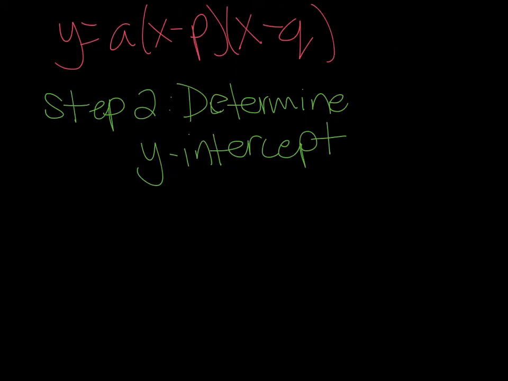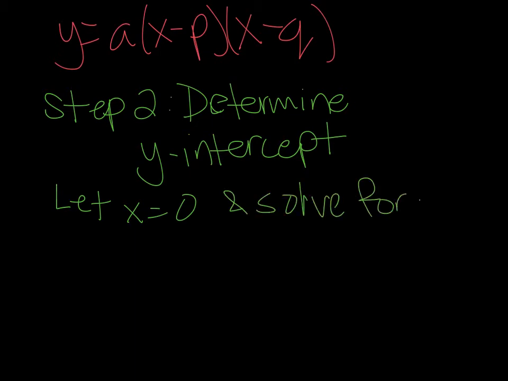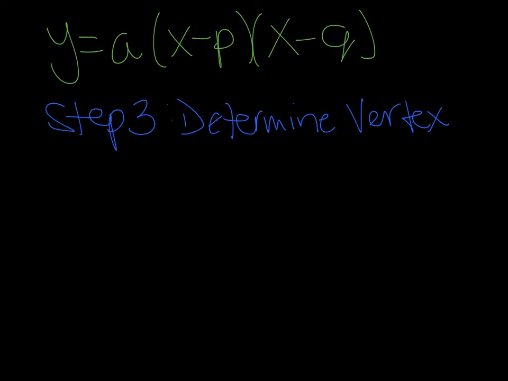Step 2, we're going to identify the y-intercept. We're going to let x equal 0 and solve for y. Step 3, we're going to determine the vertex. Now there's an equation to find our axis of symmetry. Remember, our axis of symmetry is the x-coordinate of our vertex.